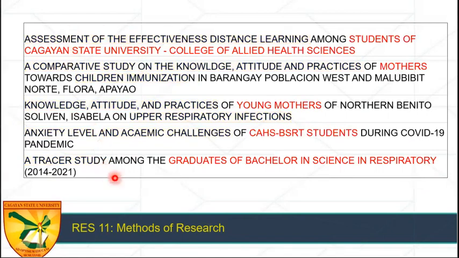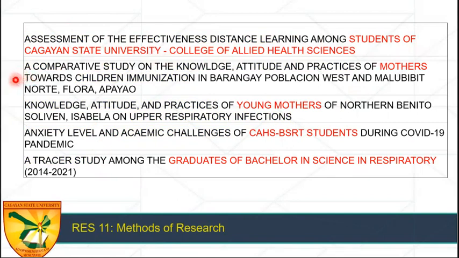So same examples, but those in red are those the who or your population. So for example 1, your population here is the students, or specifically the students of Cagayan State University CAS.